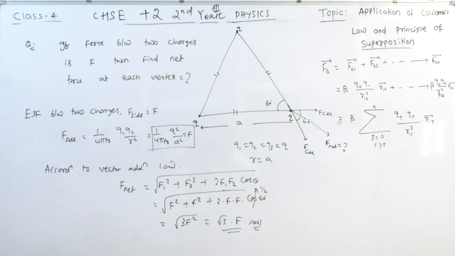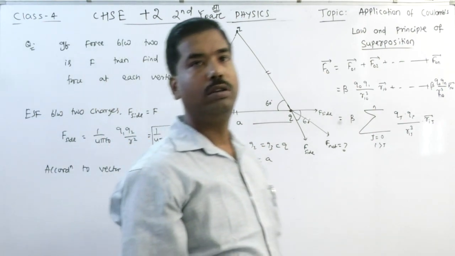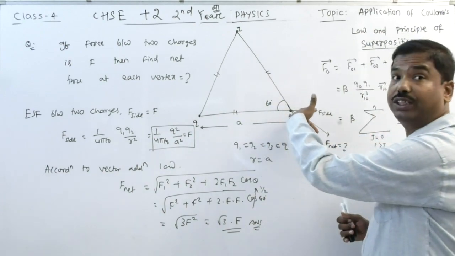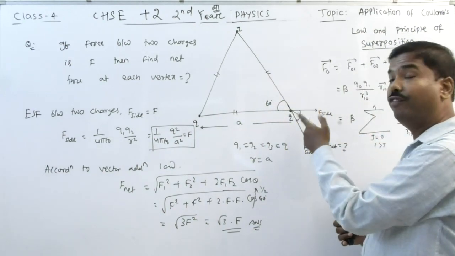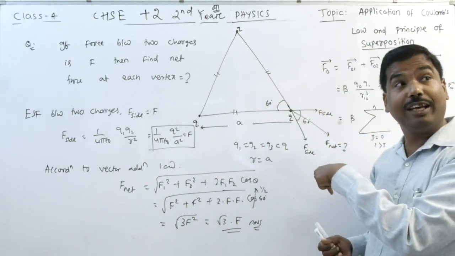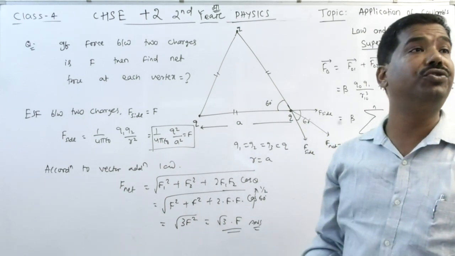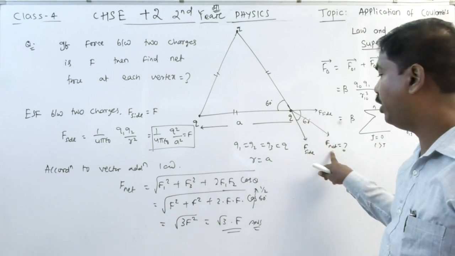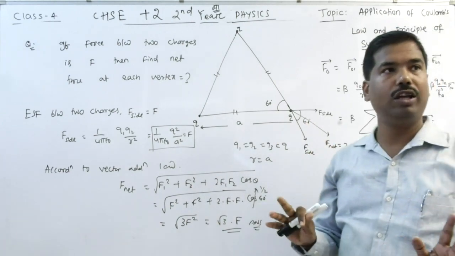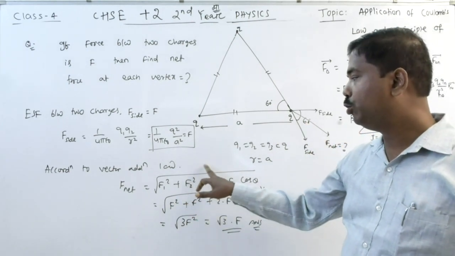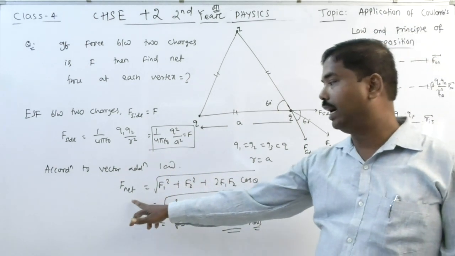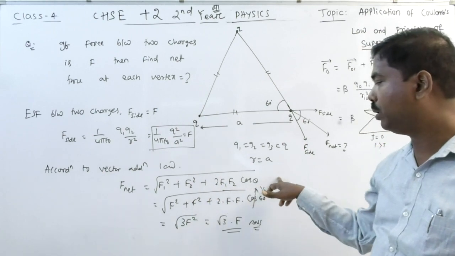Clear? Did you get it or not? How many forces are there? Two forces are there, and these two forces are vector quantities. As they are vector quantities, they should be found by using the vector addition law, and by using the vector addition law we have found the net vector. Clear? So I have used here only the parallelogram law of vector addition, R squared is equal to a squared plus b squared plus 2ab cos theta.